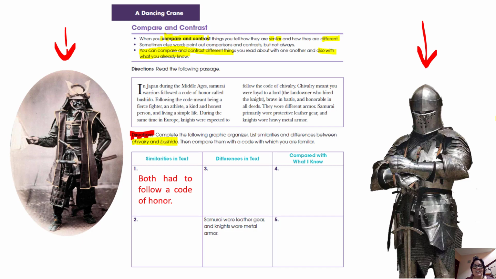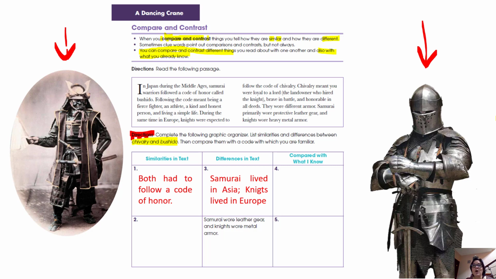For example, guys, did they live in the same place? No, right? So that is one difference. So we can say that samurai lived in what place? Asia, and knights in Europe.